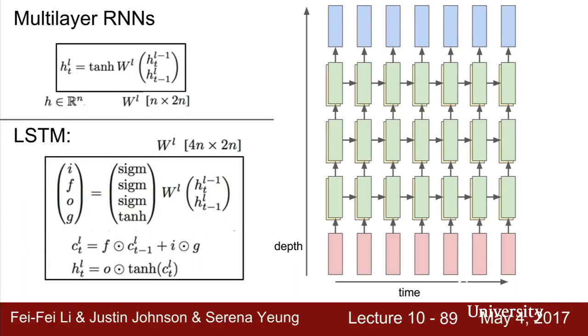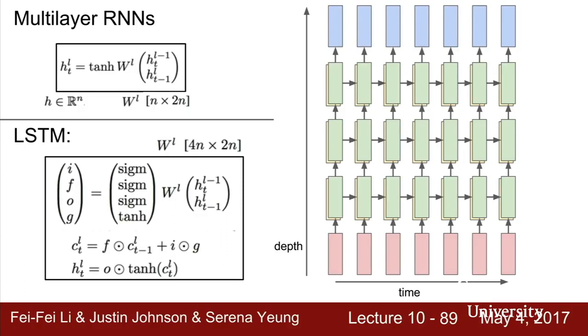After we run one recurrent neural network layer, we have this whole sequence of hidden states, and we can use this sequence of hidden states as an input sequence to another recurrent neural network layer, which will then produce another sequence of hidden states from the second RNN layer.